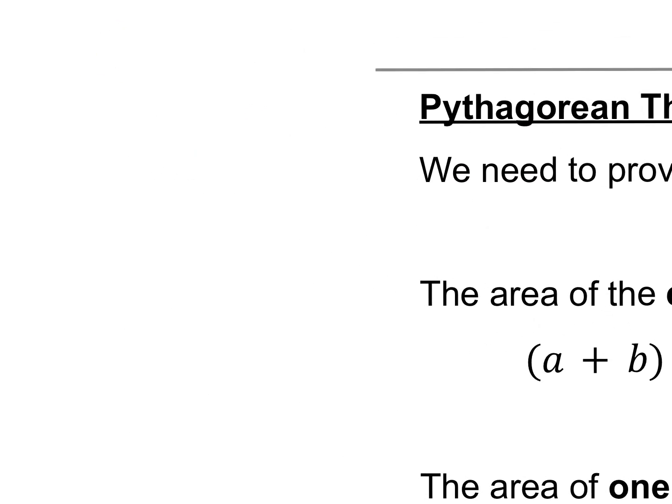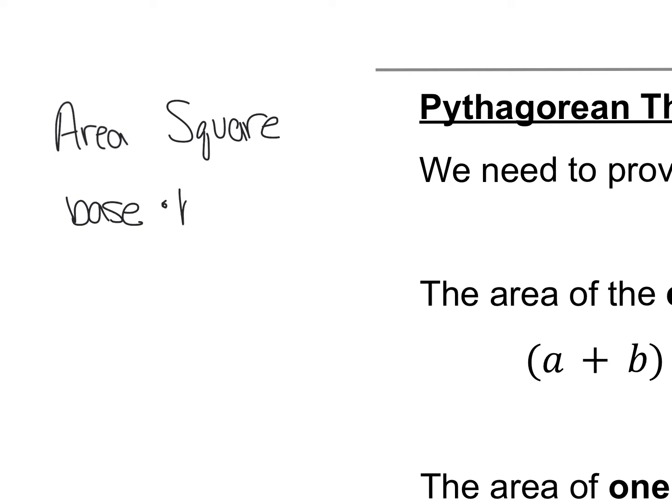So our first one is the formula for the area of a square. Now if you remember an area of a square, we are going to take our base and we're going to multiply it by my height. And we're also going to be talking about the area of a triangle.